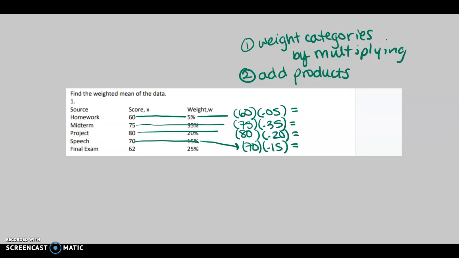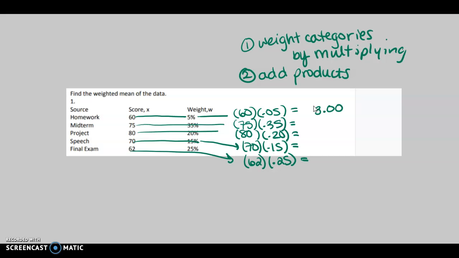Because we want to know, you earn these points for each category, but each set of points that you earn is only worth whatever the weight is. So we don't want to add up all these numbers and just divide by 5, because that would assume that these are all weighted equally. So the homework grade is only weighted so that you earn 3 points.